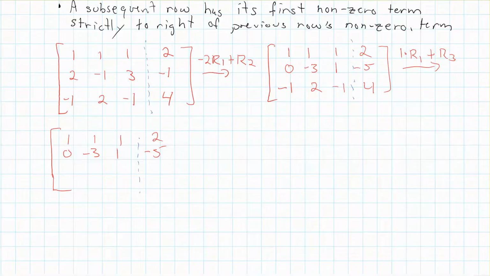Then the bottom row would be, well, I'm just adding those two rows, so this would be 0, and then I'd have 1 plus 2, which is 3, and then 1 plus negative 1, which is 0, and then 2 plus 4, which is 6.